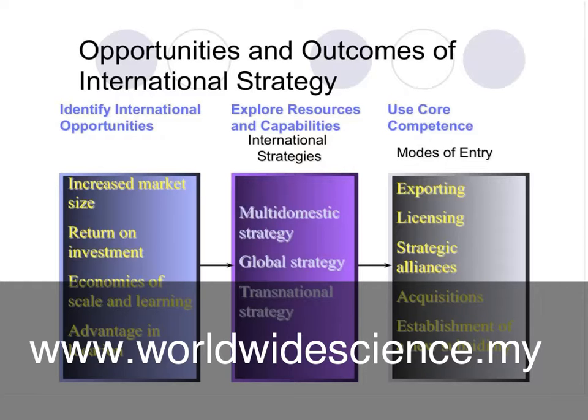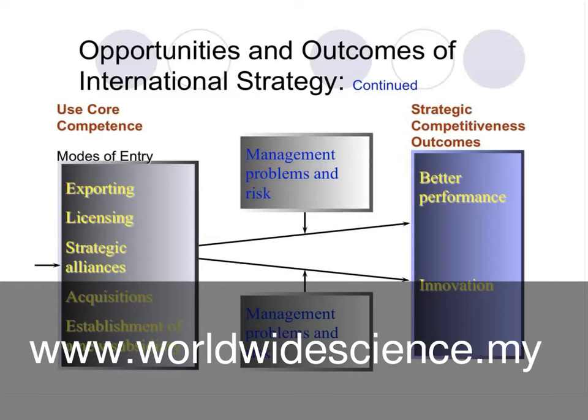Okay, so let's go to the next slide. Some of the opportunities and outcomes of international strategy. We use core competence, as we said, all these that I just talked about. And how do we go about it is management problems and risk. Management problems are the challenges you will face, and they will always be around you.